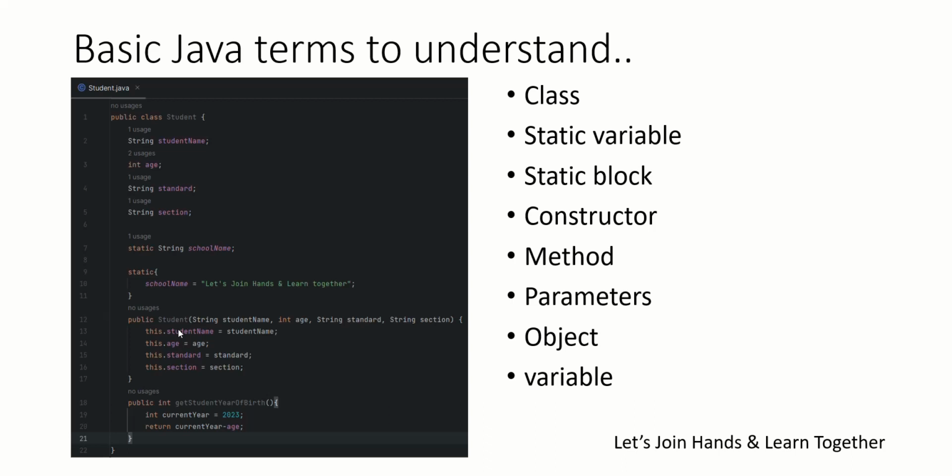If you pass a parameter to the constructor, that's called a parameterized constructor. Now we understood the terms: class, object, variable, instance, instance variable, method, constructor, static variable, static block, and parameters. These we understood, I believe.